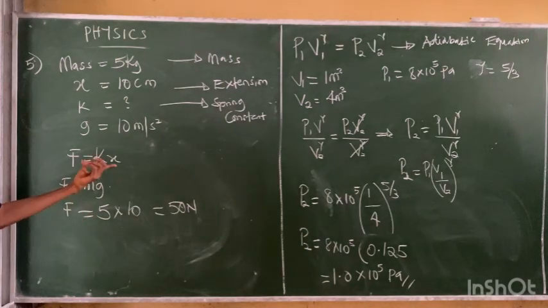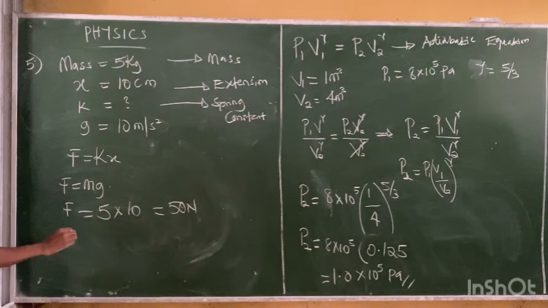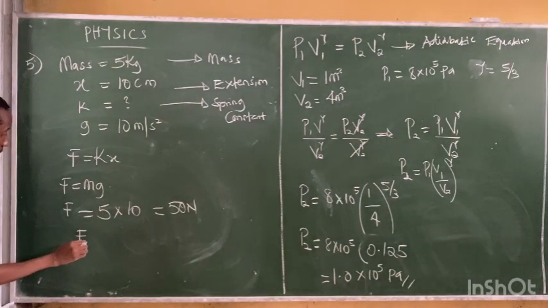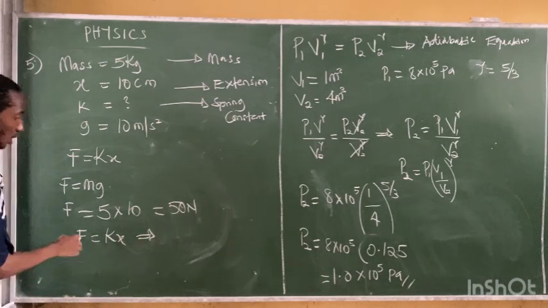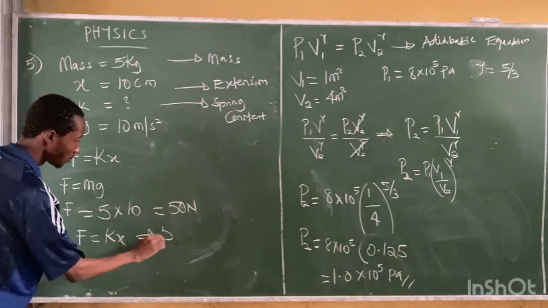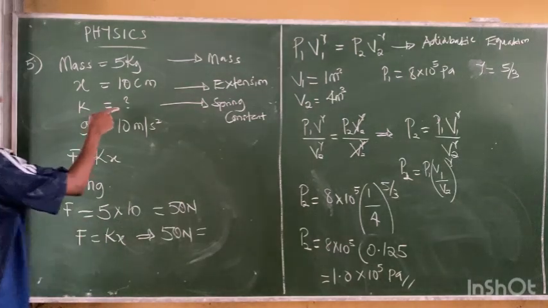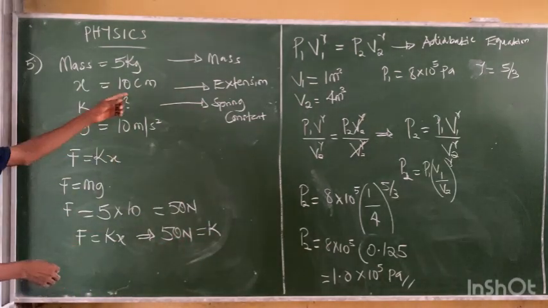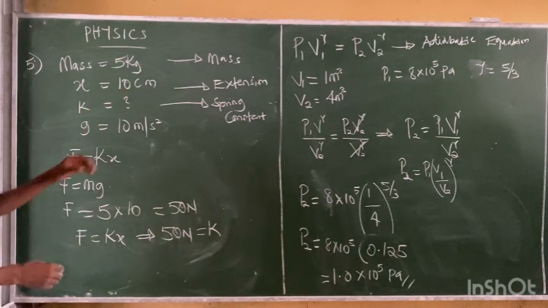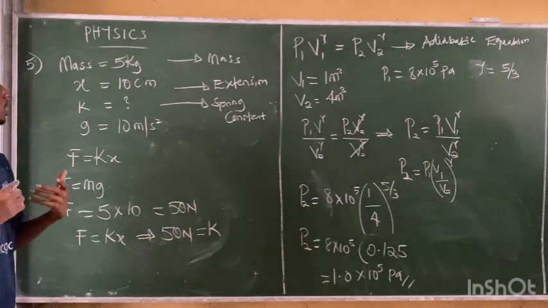Let's substitute it into this equation. F is equal to Kx. This gives us 50 newtons is equal to K, which is unknown, times x, the extension, which is 10 cm. Now, this is in cm. We need to convert this from centimeters to meters.